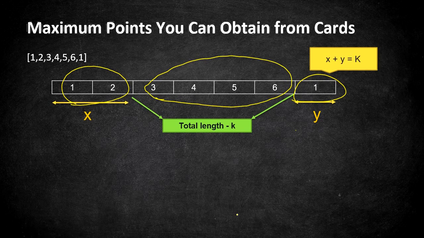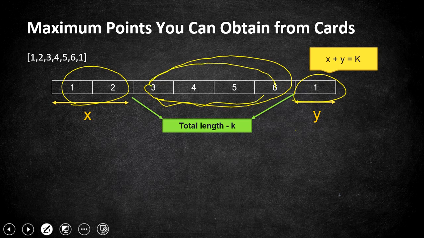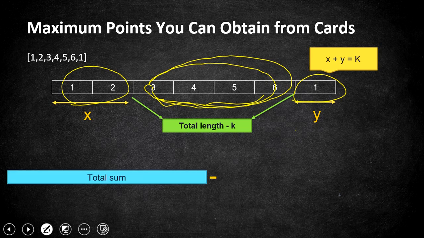So here our task is to find a subarray in the middle whose sum is minimum. If we find the minimum sum of that subarray, then from the total sum of the given array we subtract it, and that is going to be our output.